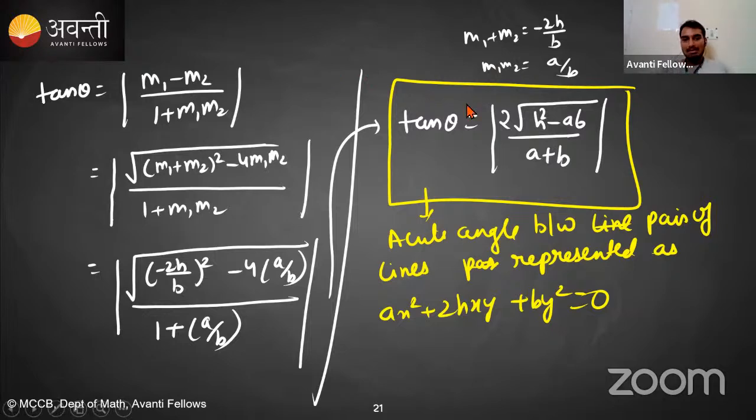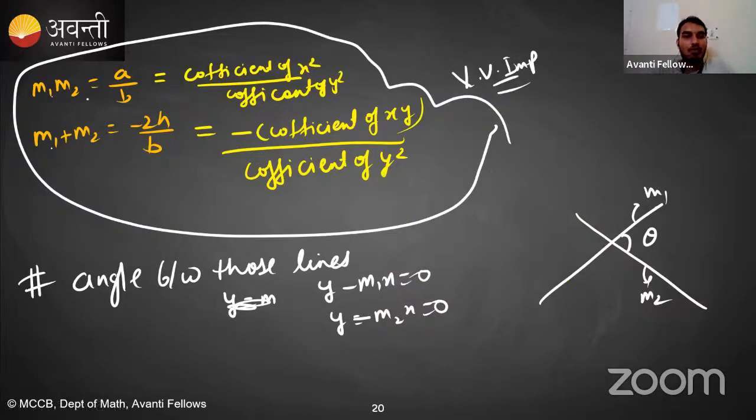Okay, I said that. See, from where the angle between lines, should I explain again? Let's say the angle between two lines is theta. Clearly, one line has slope m1 and another line has slope m2.